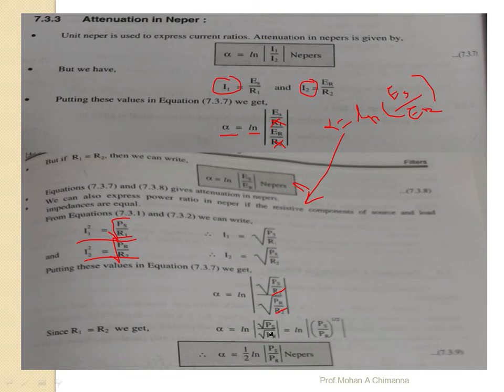The root is common for numerator as well as denominator, hence the natural logarithm is represented by PS upon PR raised to 1 by 2. So the attenuation is alpha equal to 1 upon 2 natural logarithm of PS upon PR in Neper. In this way the attenuation is represented in the decibel unit as well as the Neper.